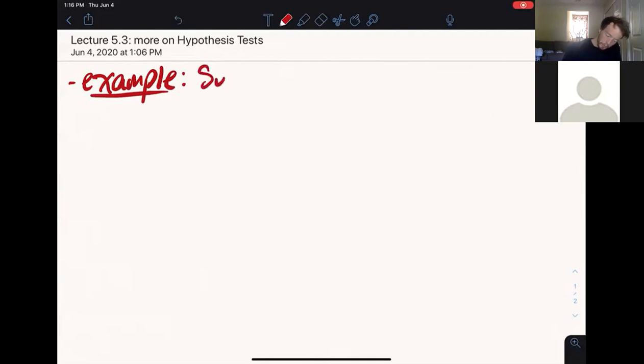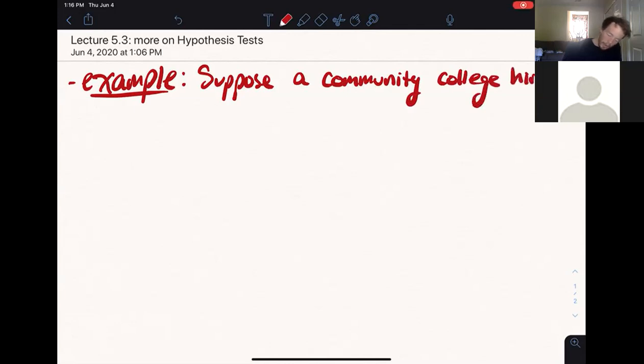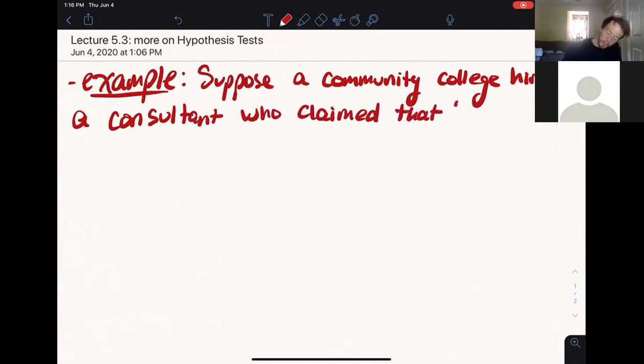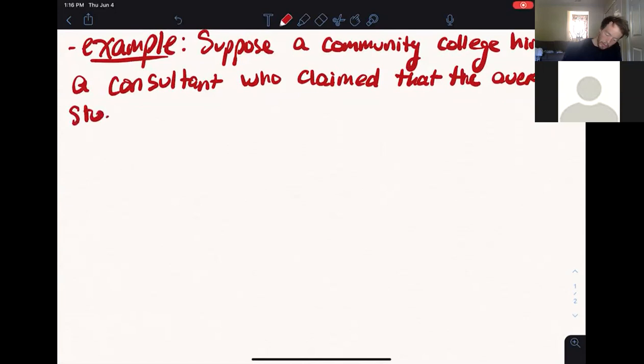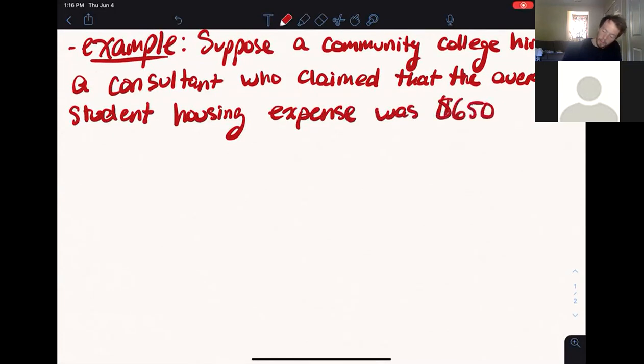So, suppose a community college hired a consultant who claimed that the average student housing expense was $650 a month.